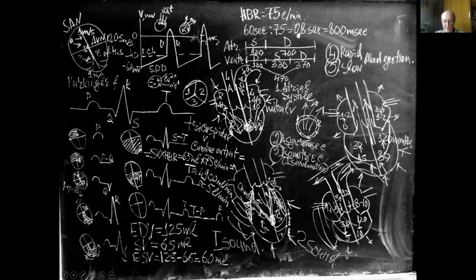This is the asynchronous contraction. Not all the typical myocardium fibers in the ventricles start to contract at the same time. Some of them start to contract when the excitation is conducted with the help of the Purkinje fibers. These 2 arrows show this process. And this is another Purkinje fiber, and here contraction starts as well.